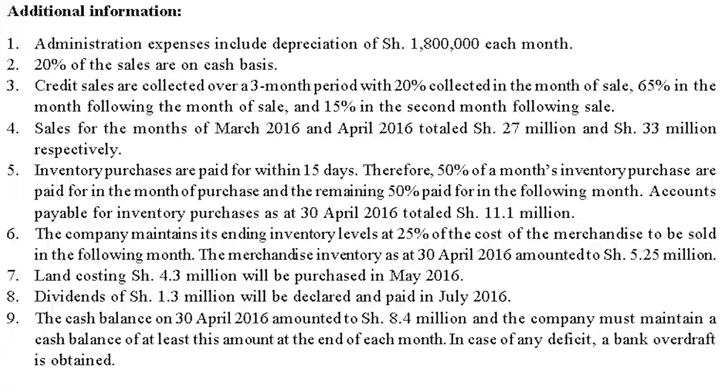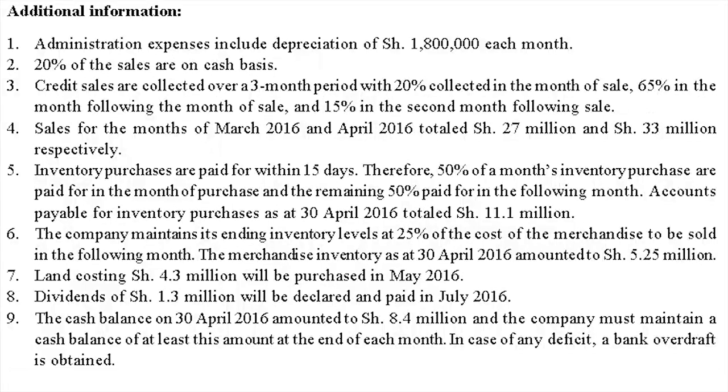Number 3, credit sales are collected over a 3-month period with 20% collected in the month of sale, 65% in the month following the month of sale, and 15% in the second month following sale. Number 4, sales for the month of March 2016 and April 2016 total to shillings 27 million and shillings 33 million respectively.